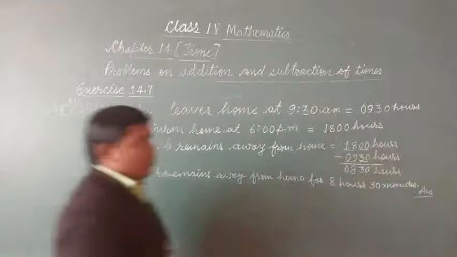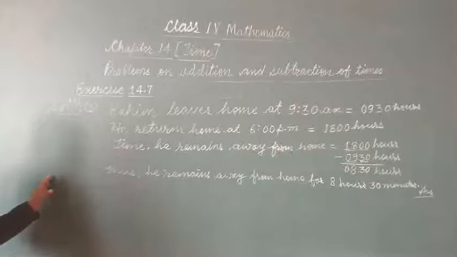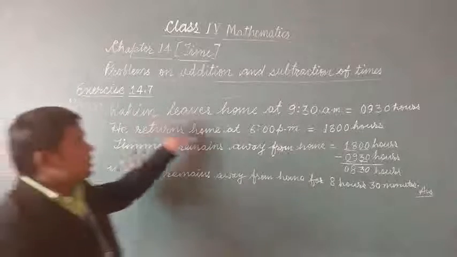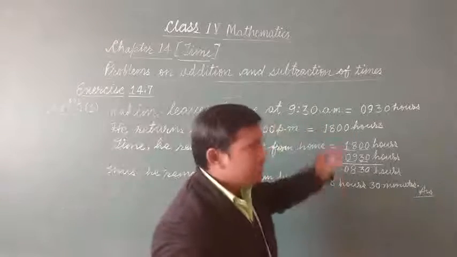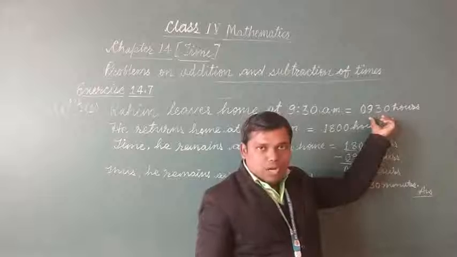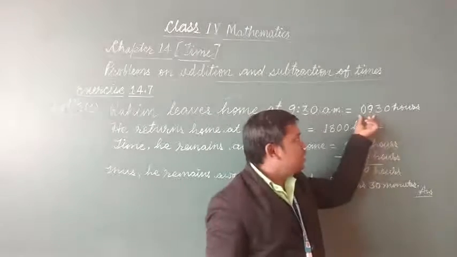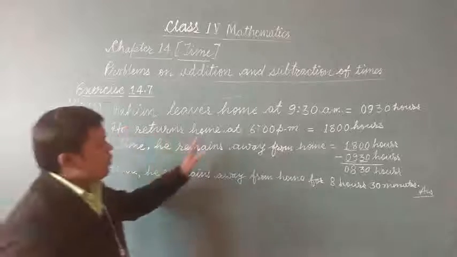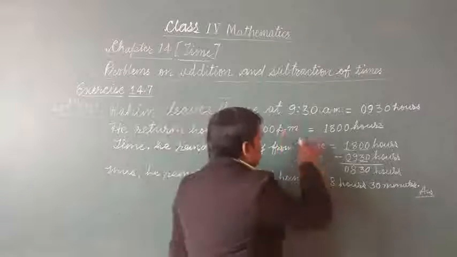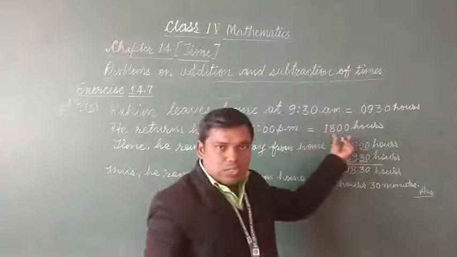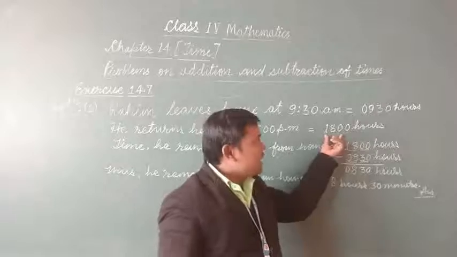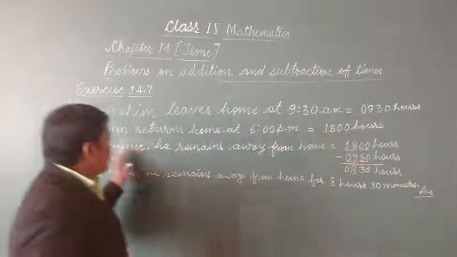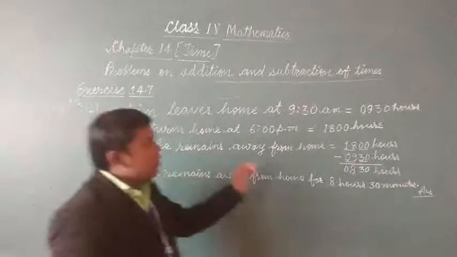I hope you understood this solution. Once more I am explaining. Rahim leaves home at 9:30 am. It can be changed into 24-hour time format and we can write it 0930 hours. He returns home at 6 pm. So we can change it into 24-hour time format and it will be 18 hours. Now time he remains away from home.